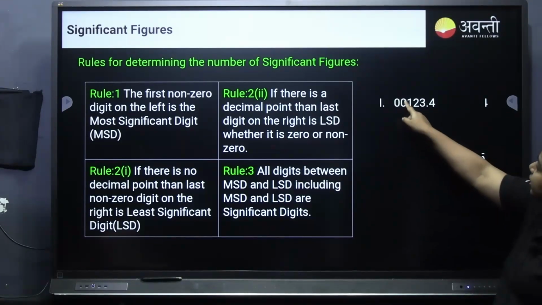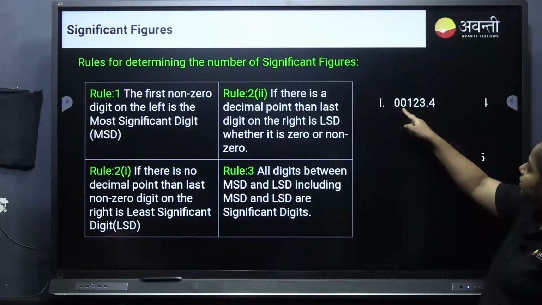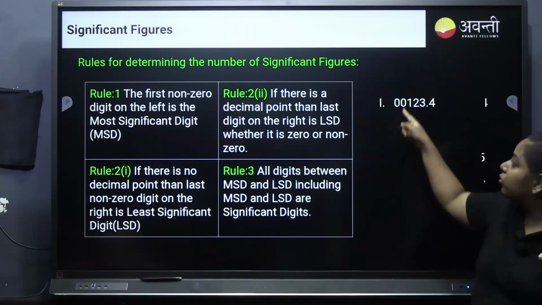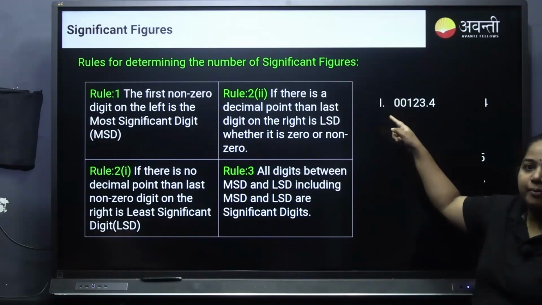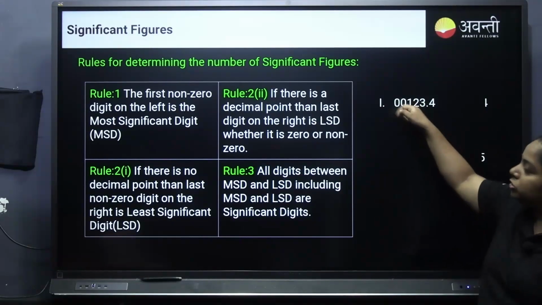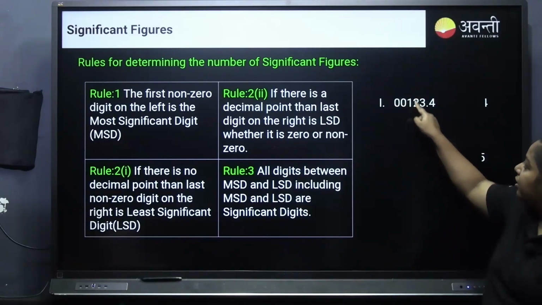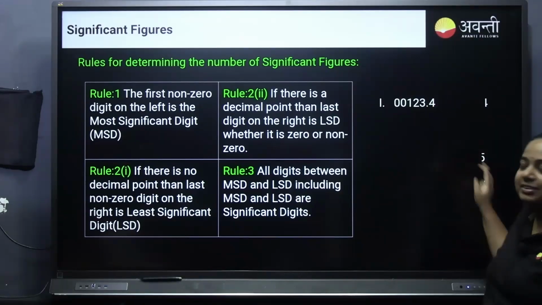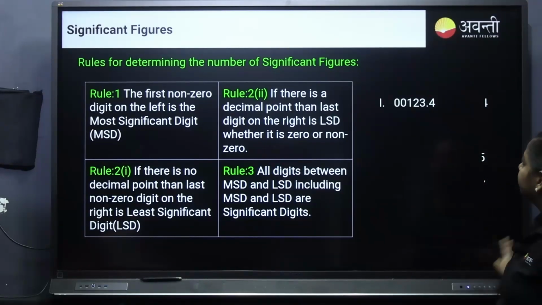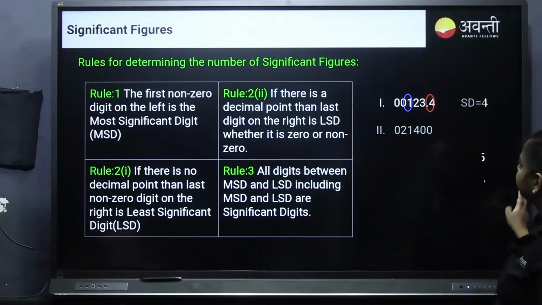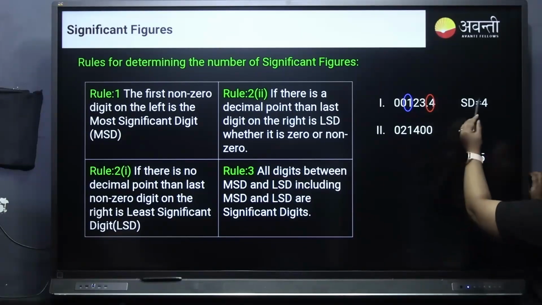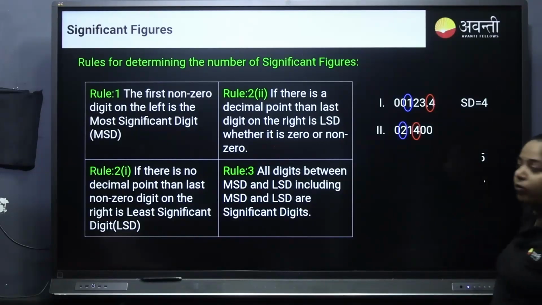So you can see here, in this case, this is 123.4. We will not include the first zeros, right? So these 2 zeros are non-significant. Here 1 will be most significant and 4 will be least significant. So here the number of significant digits is 4.